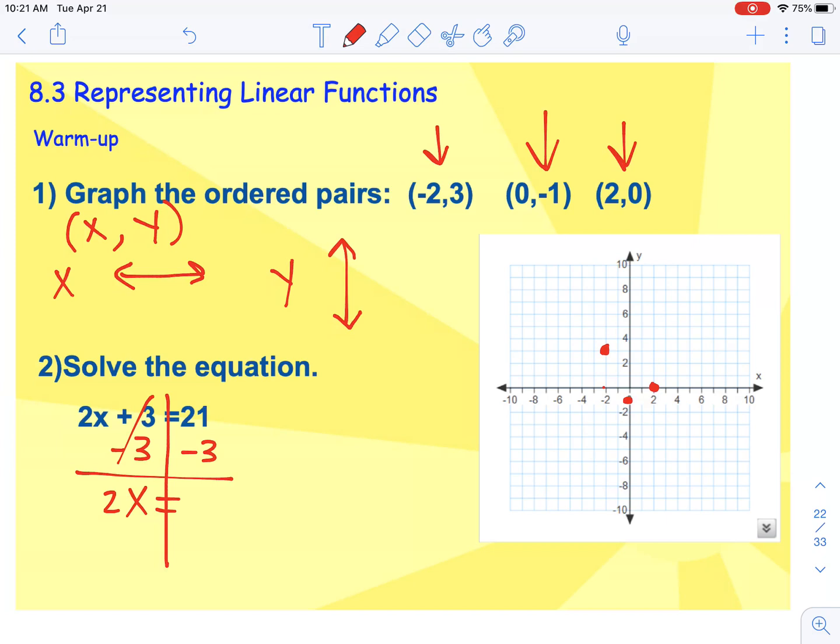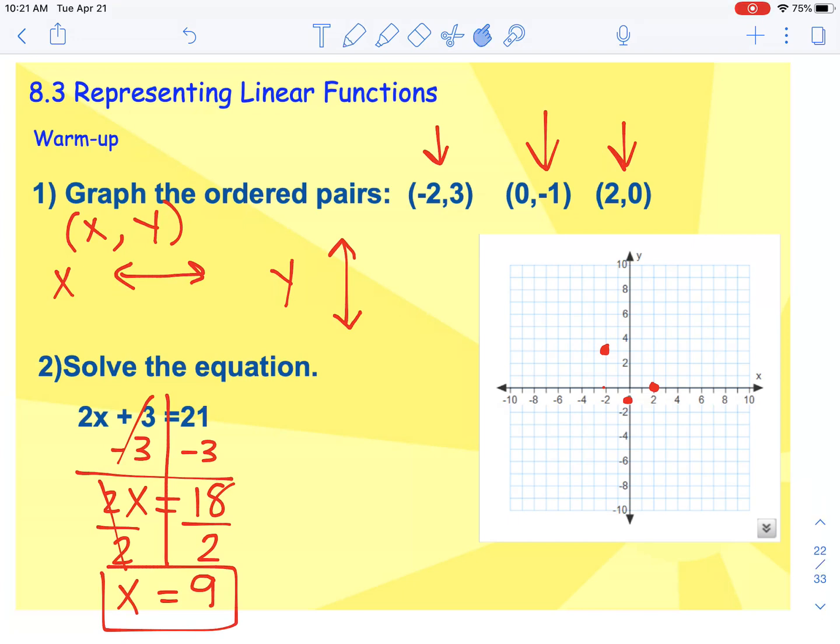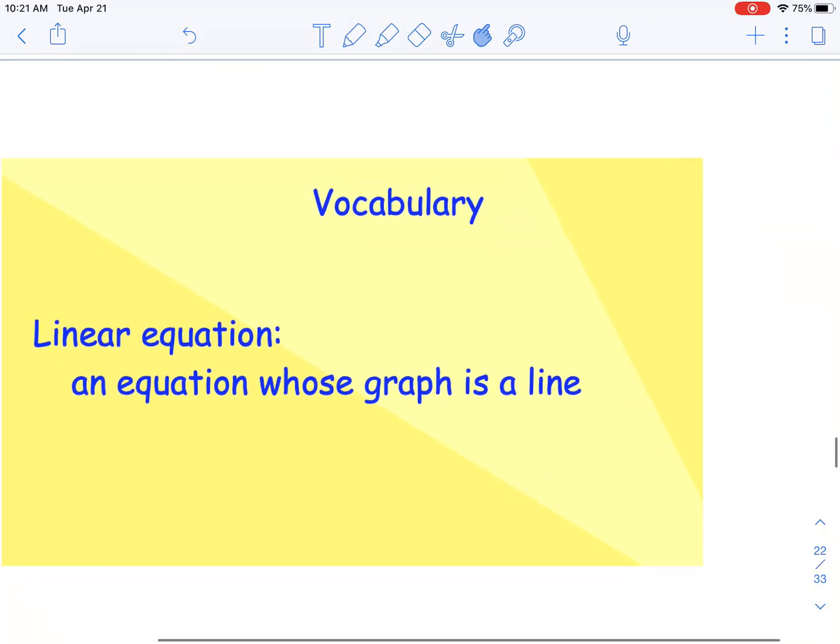These cancel and we're left with 2x equals, and then you take 21 minus 3 and you get 18. From there, we have 2 times x. We want to divide both sides by 2. These 2's cancel out, so we're left with x by itself equals 18 divided by 2, which is 9. So in this case, x equals 9.